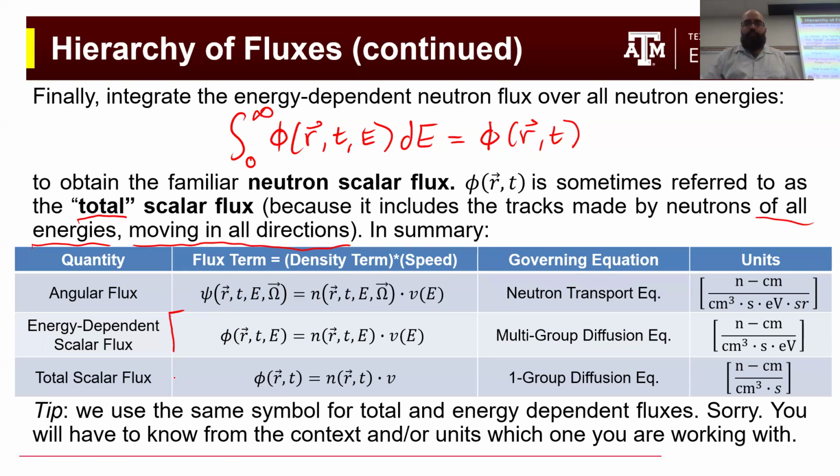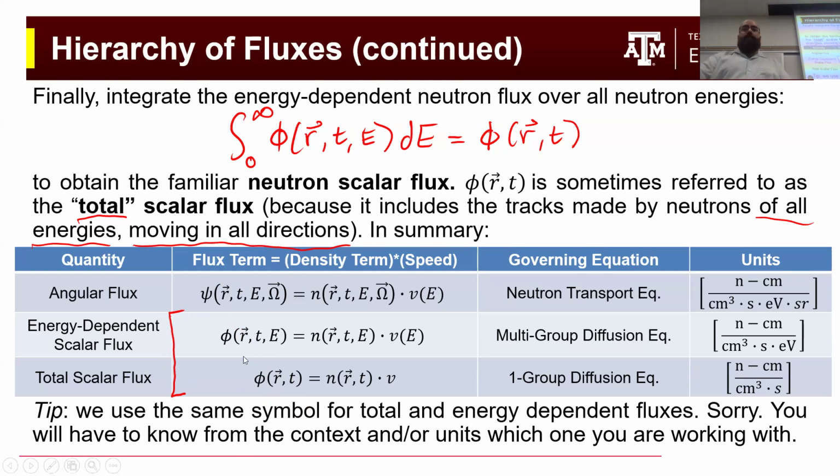Like I said, in our class, we're pretty much exclusively going to deal with the total flux and the energy dependent flux. It's just an unfortunate thing that in this field, we use the same symbol for both the scalar flux and the energy dependent scalar flux. Sorry. But you can usually tell from the context or by the units which one you're given.